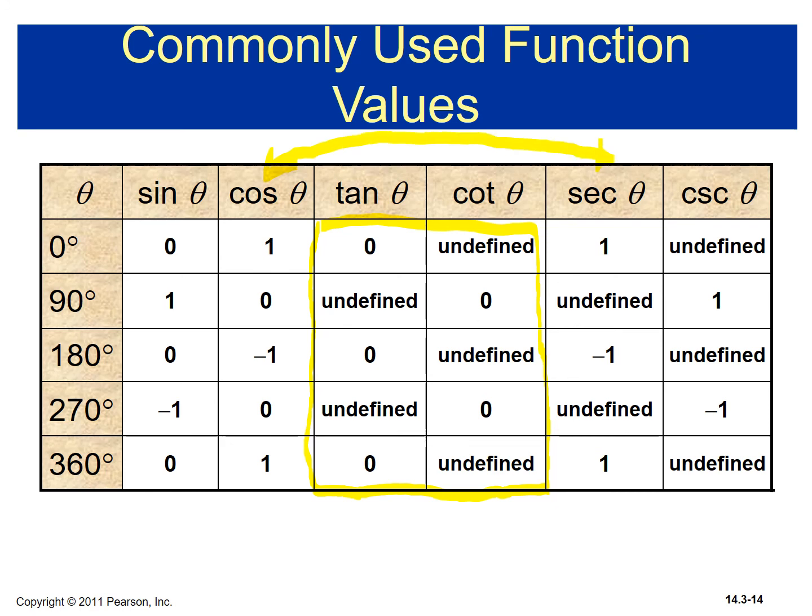Reciprocal of 1 is 1. Reciprocal of 0, undefined. Reciprocal of -1, -1. Reciprocal of 0, undefined. Reciprocal of 1 is 1. Over here, the cosecant, which goes with sine. The reciprocal of 0 is undefined. Reciprocal of 1, 1. Reciprocal of 0 is undefined. Reciprocal of -1 is -1, and the reciprocal of 0 is, again, undefined.